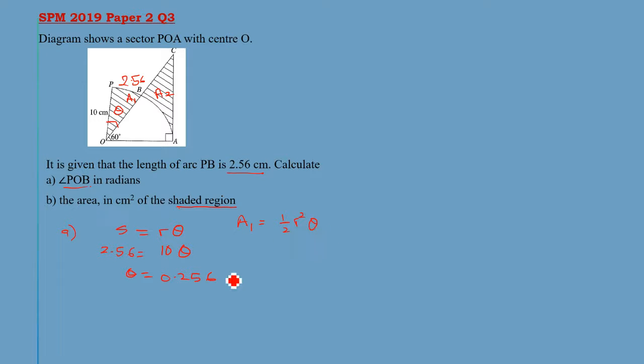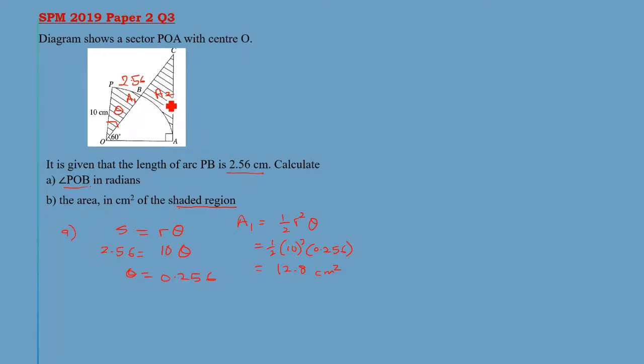Your r is 10, your theta is given in radians, so you already found it. So what you have is half times 10 squared times 0.256. If you use your calculator, you will get 12.8 and the unit is cm squared. So we already found A1.